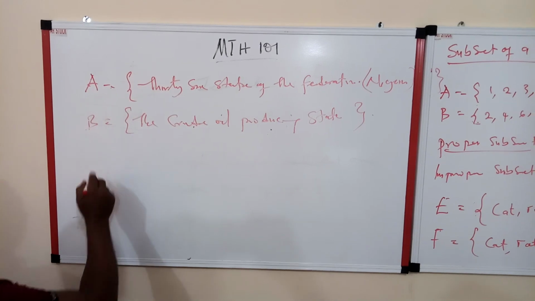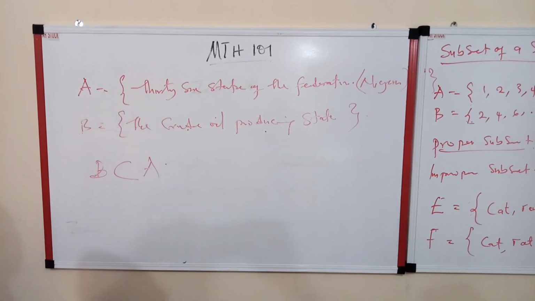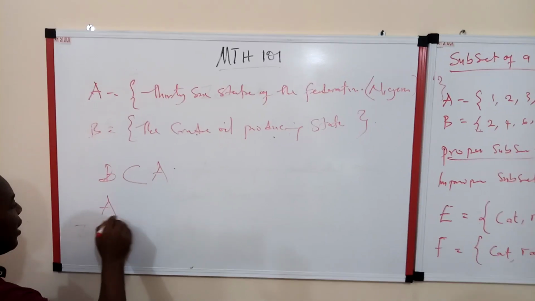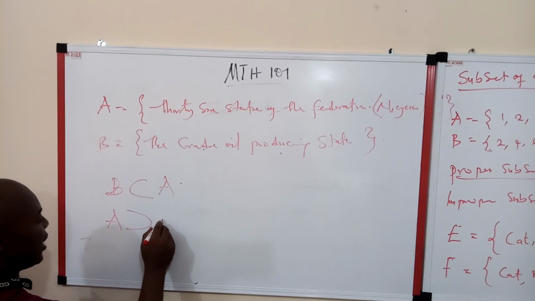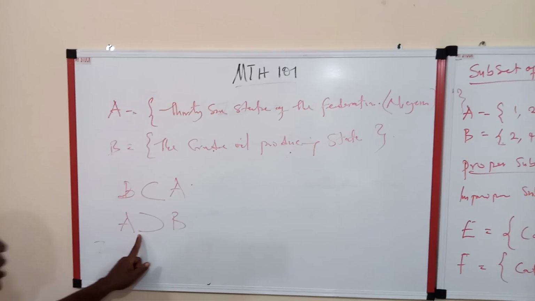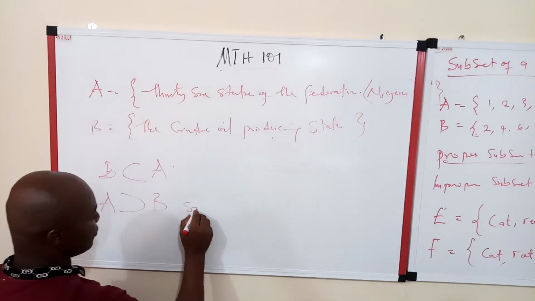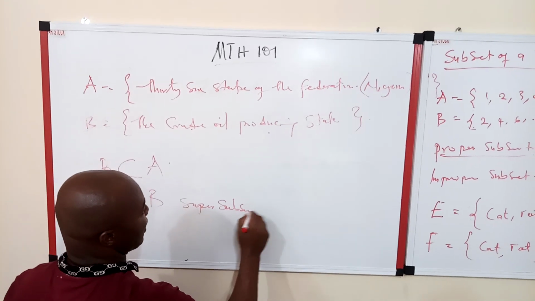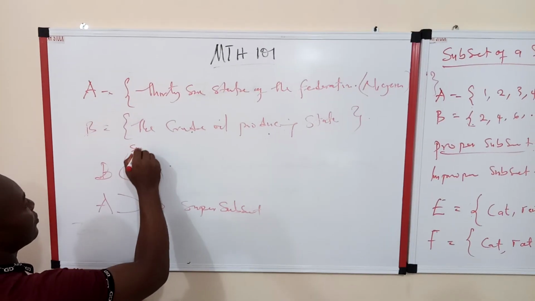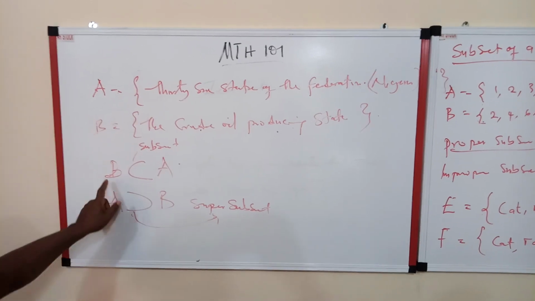So we say that B is a subset of A. This kind of statement, you can write in another form by saying A is a superset of B, meaning A contains all the elements in B. This one is subset, while this one is superset.